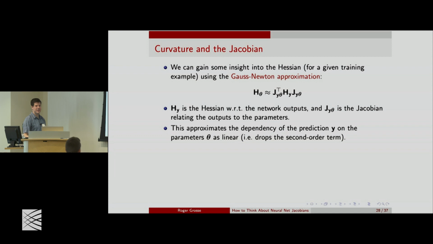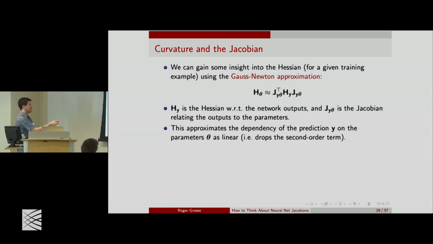They're related. Basically, we approximate the Hessian as J_yθ transpose times H_y, the Hessian with respect to the outputs of the network, times the Jacobian again. If it's a least squares regression problem, H_y is just the Hessian of the squared error, which is the identity matrix.